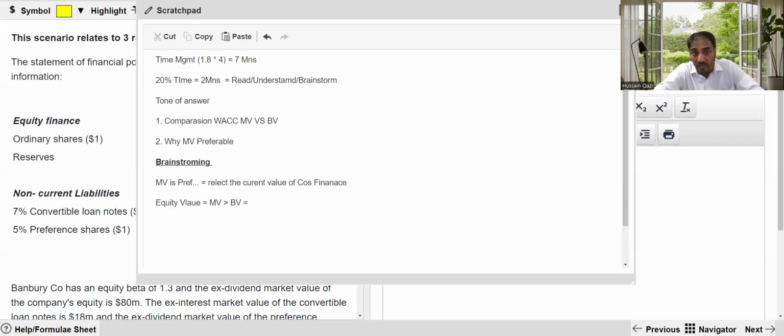So if we use the book value, this will understate the capital structure. So your draft reflects the tone of comparison and also the preference for market value, because you are criticizing the book value. Then you will mention that KE is greater than KD. It's the norm.